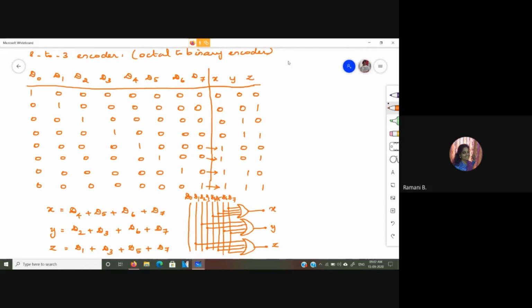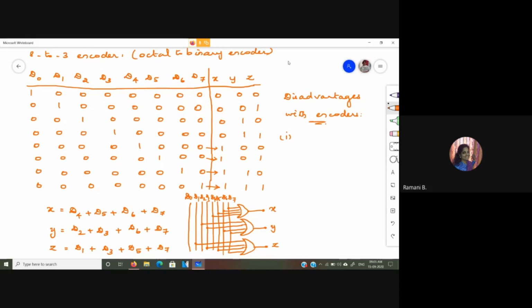So here in this, actually we have some disadvantages with encoders. For example, in the first case, with encoders you need to have any one input with the value of 1, right?